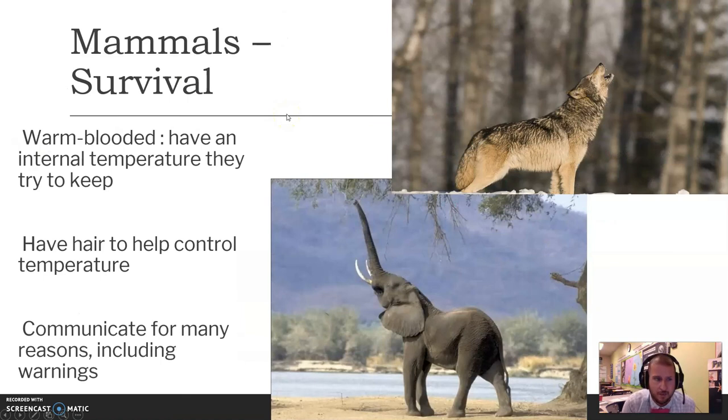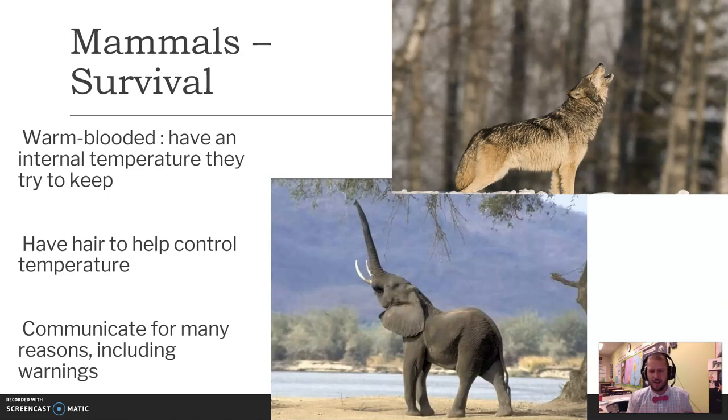As far as survival goes, mammals are again warm-blooded. They regulate their own temperature. Now, mammals do have hair to help with this. If you have a dog or a cat or anything like that, you'll notice that their coat gets a lot thicker during the winter when it gets colder. And that's to help protect against the elements.